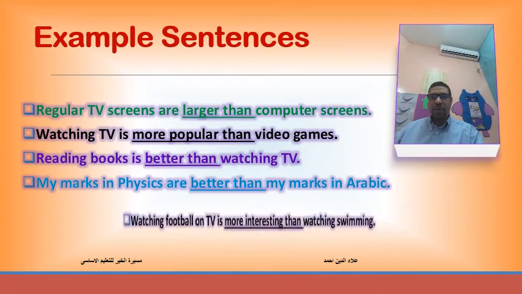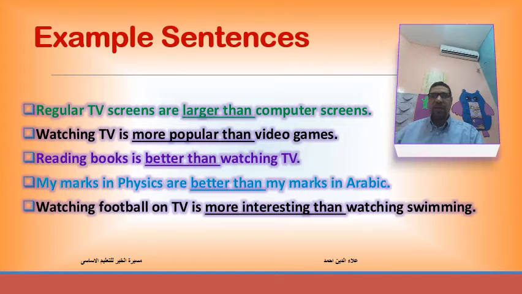Now, dear students, let's study together these sentences, and I want you to concentrate on the underlined words. The first sentence, regular TV screens are larger than computer screens. The second one, watching TV is more popular than playing video games. The third one, reading books is better than watching TV.